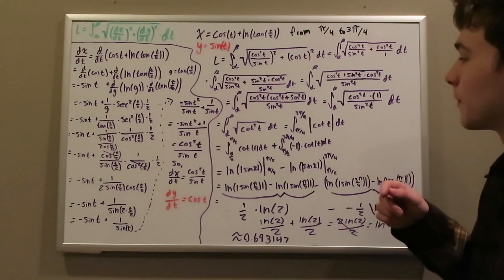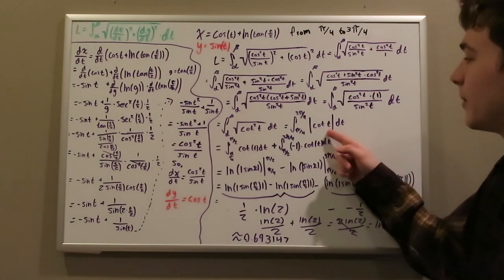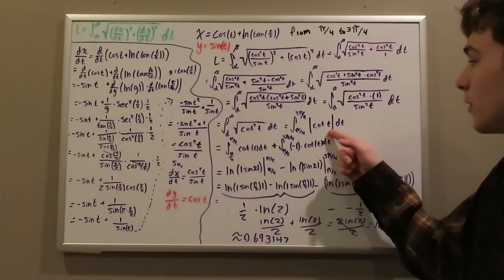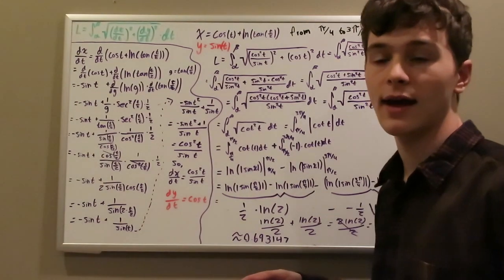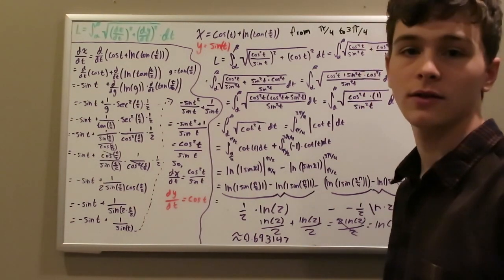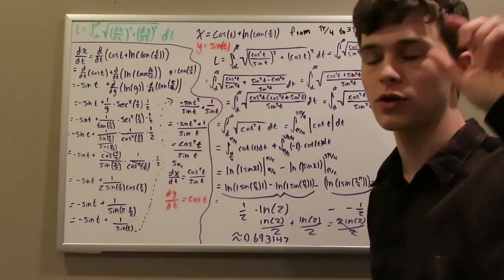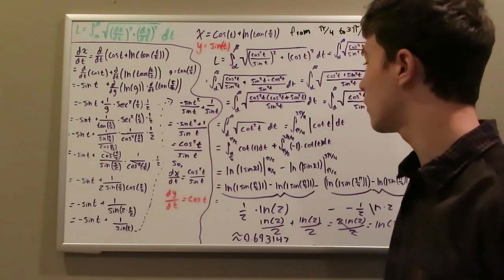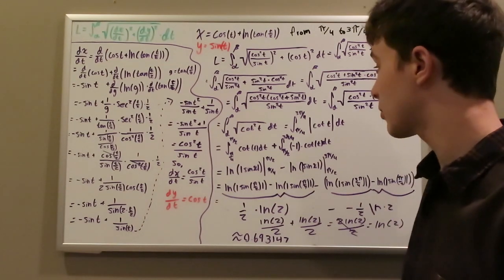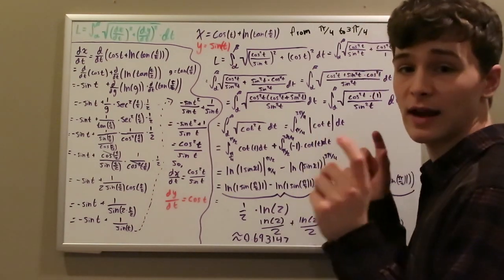And what's really interesting is this is going to be negative on a specific interval. So if you look at the unit circle, you can see that the values for cosine start to get negative in the second quadrant, the one at the top left. So what you want to do here is separate this integral into two separate integrals.